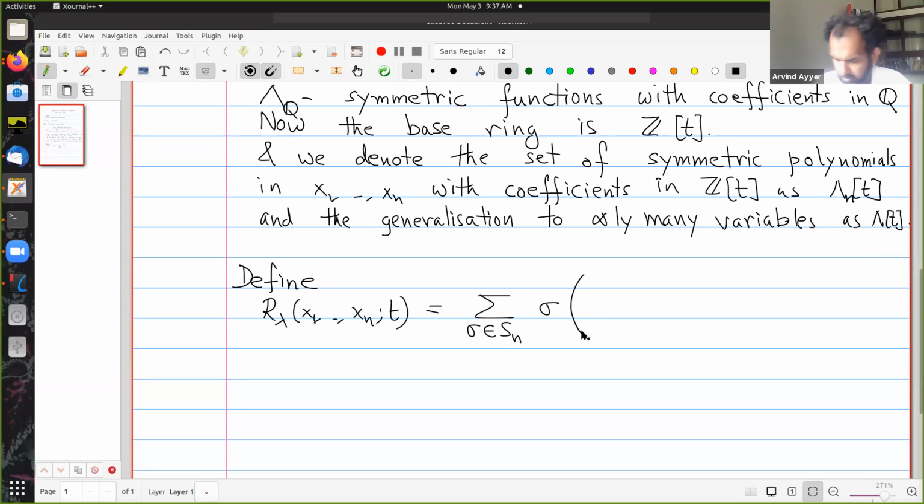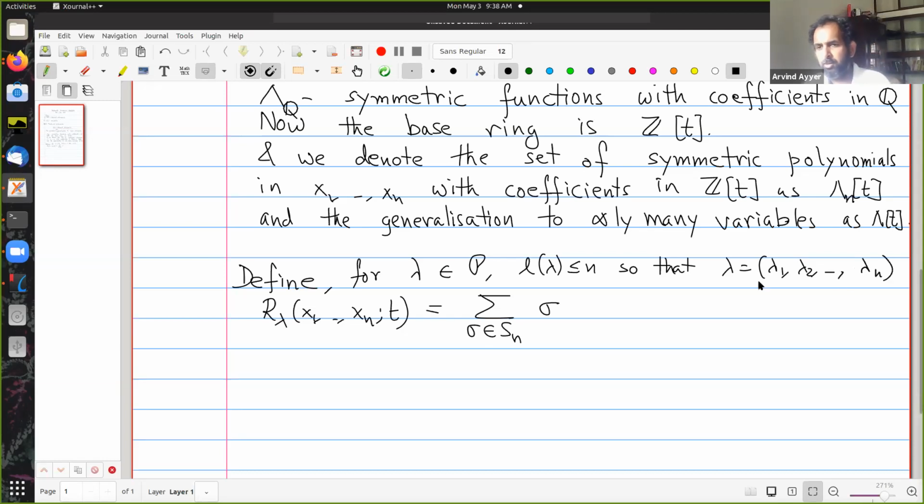So backtrack a little. For lambda in the set of partitions with length of lambda less than or equal to n, you can write lambda as lambda_1, lambda_2, and so on. Recall that lambda is a weakly decreasing sequence of non-negative integers.